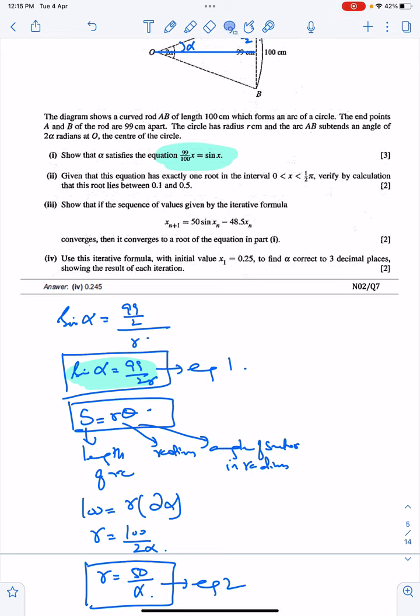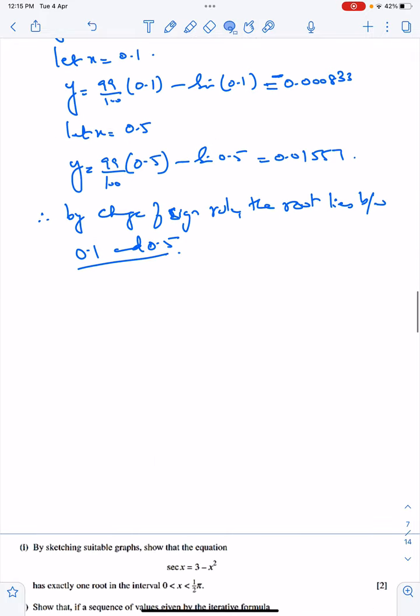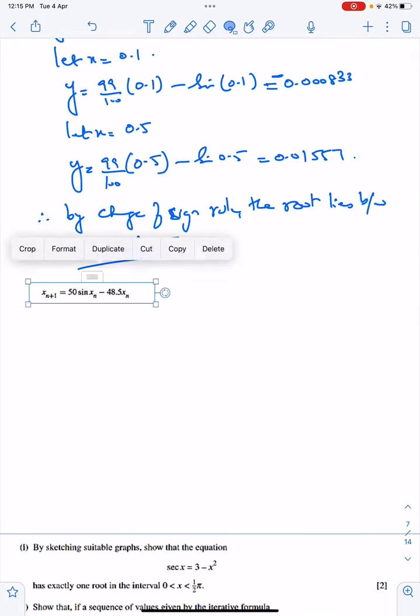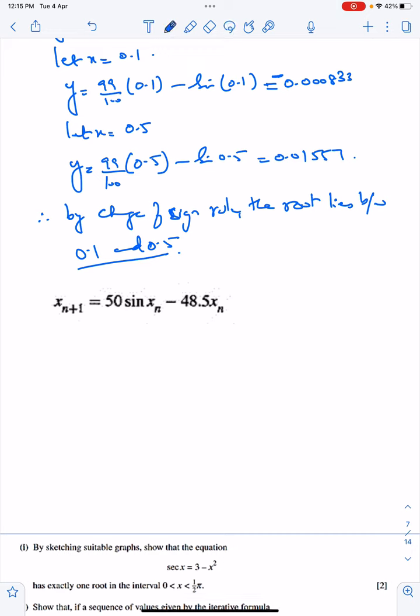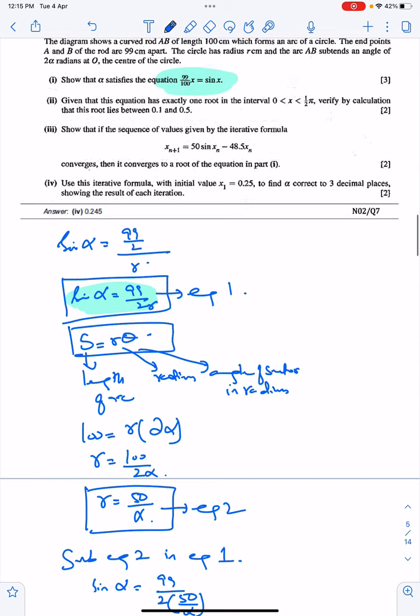What you have to do for this part is take this equation and get rid of all n's from here. I'm writing down the equation. Get rid of all n's, so I would write x equals 50 sine of x minus 48.5x. Rearrange this so that you get the original formula which was given to us in the question, which is this one.